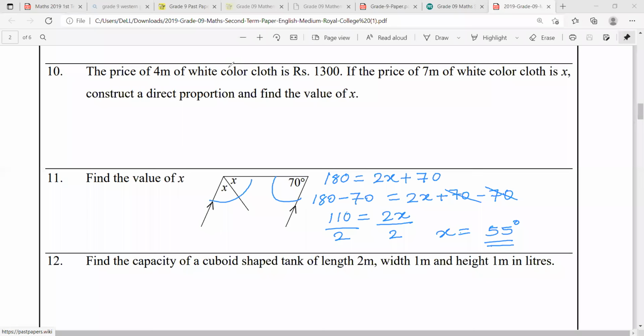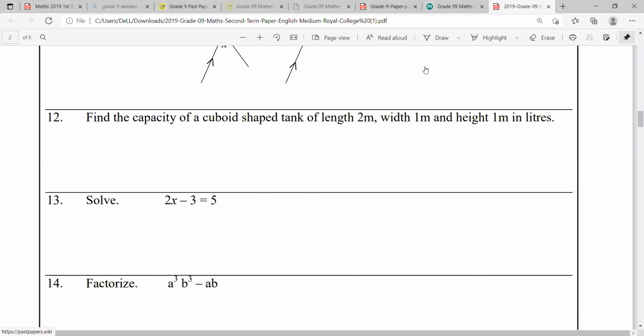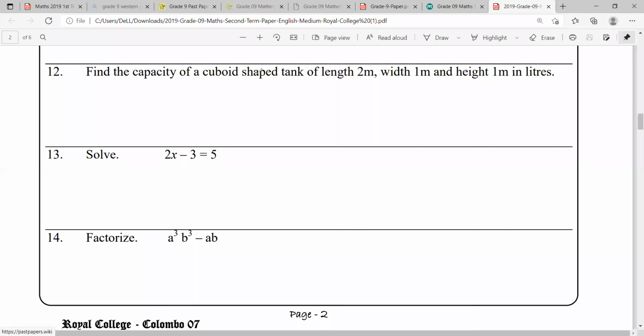And we'll go to the next one. Find the capacity of a cuboid shaped tank of length 2 meters, width 1 meter, and height 1 meter, in liters. So you can find the capacity in cubic meters by 2 into 1 into 1, which is 2 cubic meters.